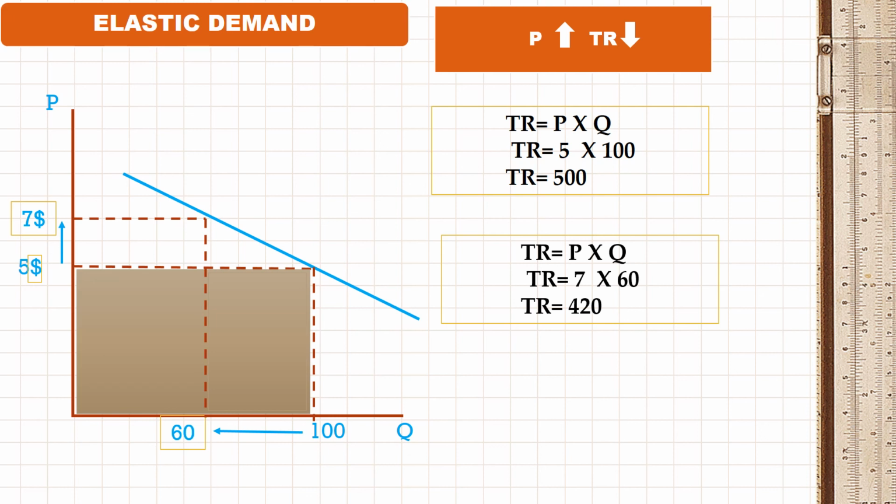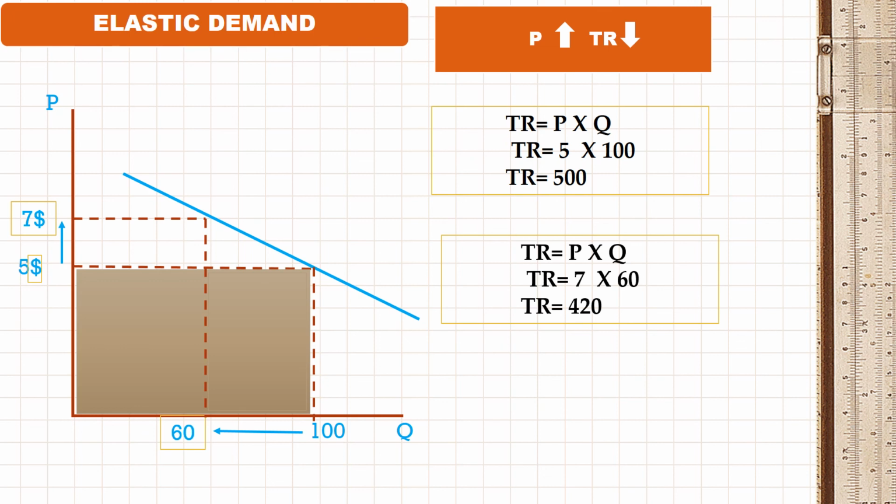This is smaller than the previous total revenue. Previously it was 500, now it's 420. Now the question arises why there is such a big fall in total revenue, because it's elastic demand.